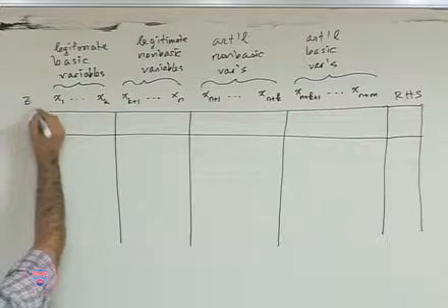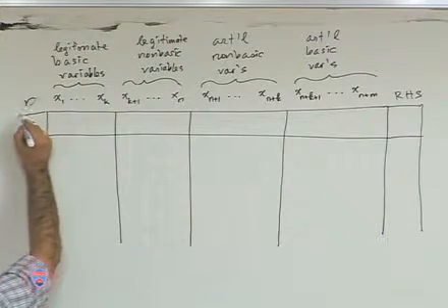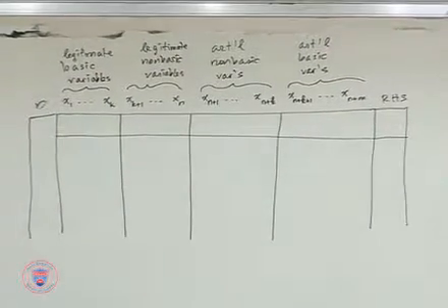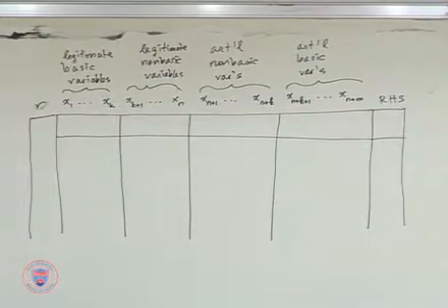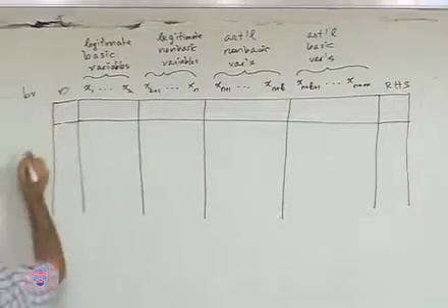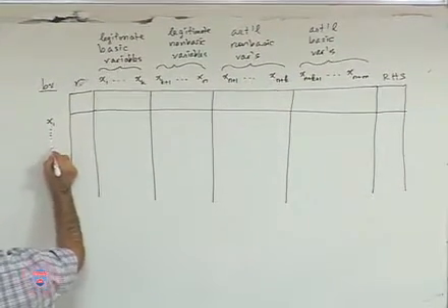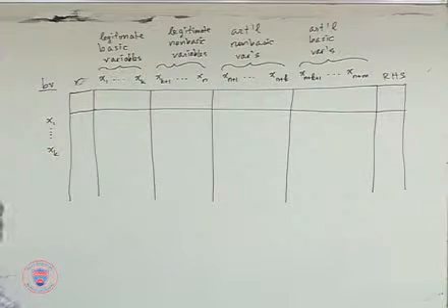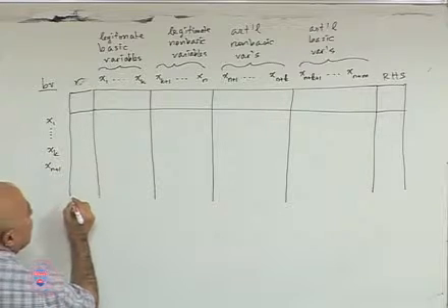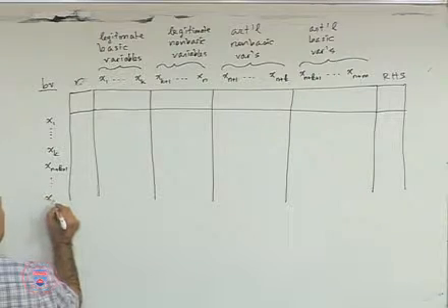And then, of course, you have the artificial R column here, which is nothing but a decoration, except that these are systems of equations, so I keep them there. Okay. Now, the basic variables listed here are x1 through xk, and then xn plus 1, xn plus k plus 1 up to the last one.